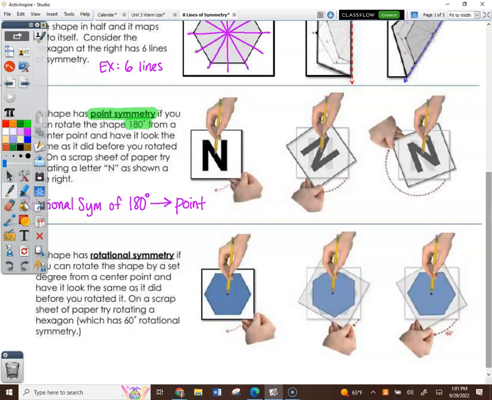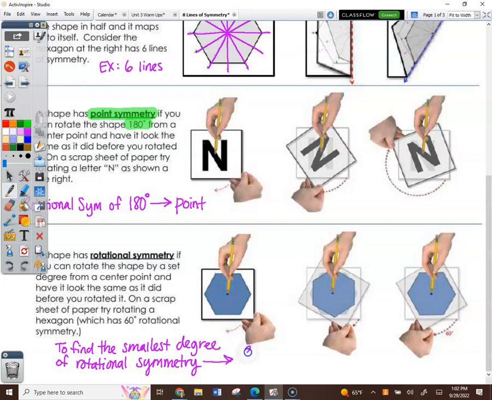Rotational symmetry of regular polygons is always based on the number of sides, and how many degrees is one full rotation? 360. So to find the smallest degree of rotational symmetry, how many degrees is one full rotation again?